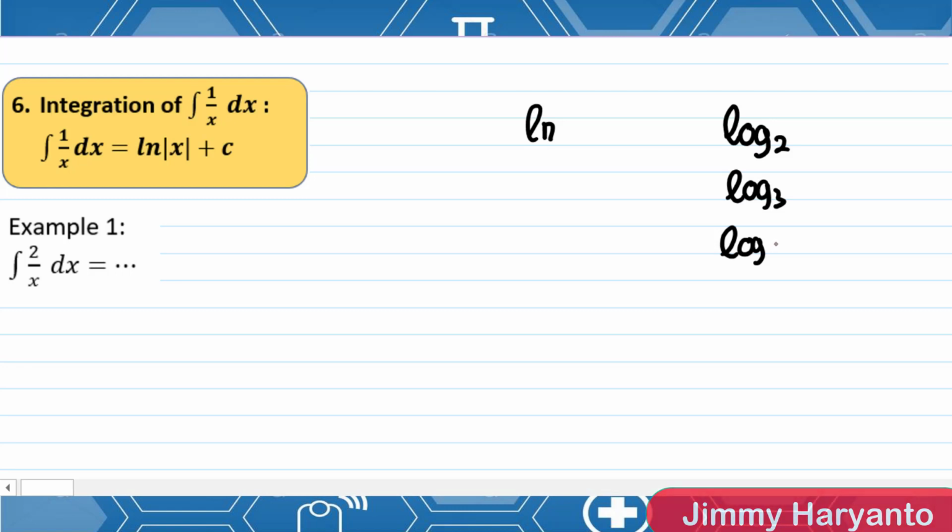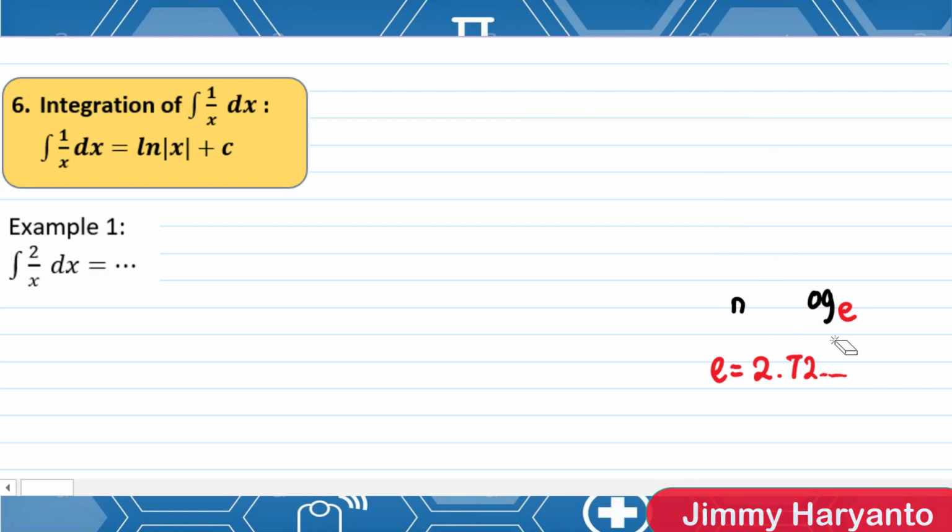If you write log only, with no number at the bottom, it will be log 10. So the base of log only is 10, and then you have ln. Ln is equal to logarithm with the base of e. Oh my god, what is e? E is a natural number. The value of e is 2.72 something. So ln is the logarithm with the base of e. You can take notes for that.